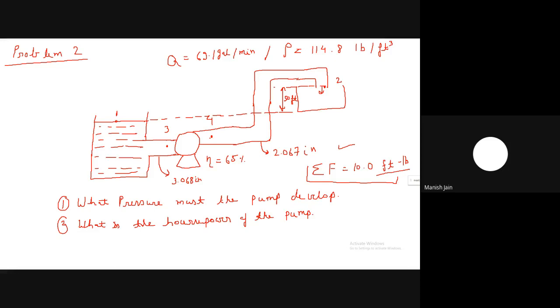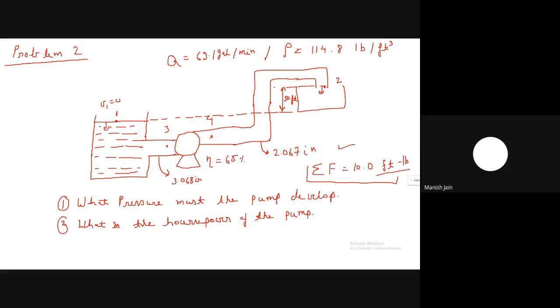At this point, because this is a reservoir tank, the fluid is moving downward, but we can assume that the size of the reservoir is significantly large. Then the velocity at point 1 is relatively negligible, 0.